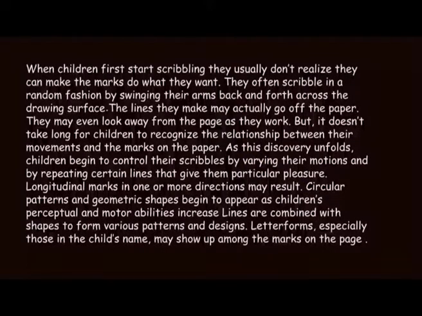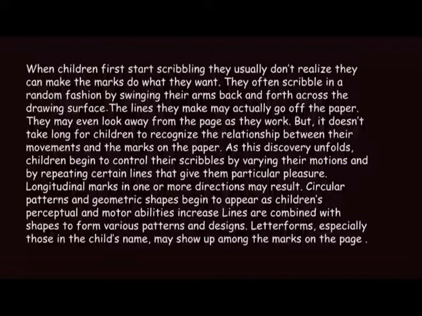So when children first start scribbling, they usually don't realize they can make the marks do what they want. They often scribble in a random fashion by swinging their arms back and forth across the drawing surface.